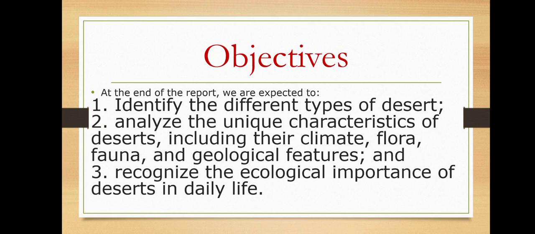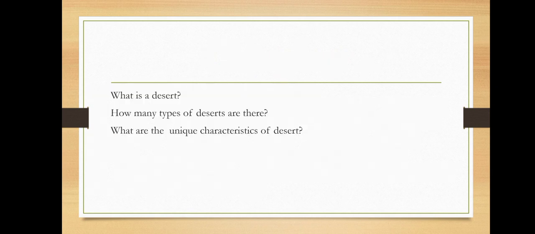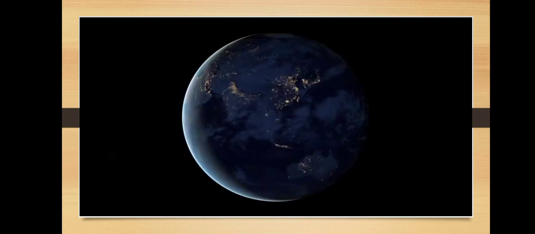And of course, our third objective is to recognize the ecological importance of deserts in daily life. So, to start with, what is a desert? How many types of deserts are there? What are the unique characteristics of deserts? This will be answered by the following explanation.